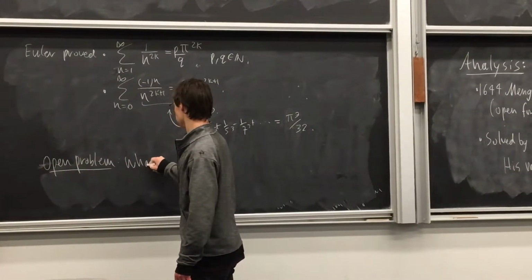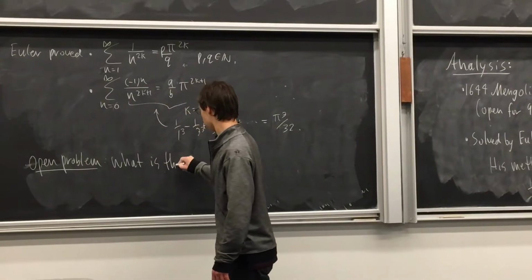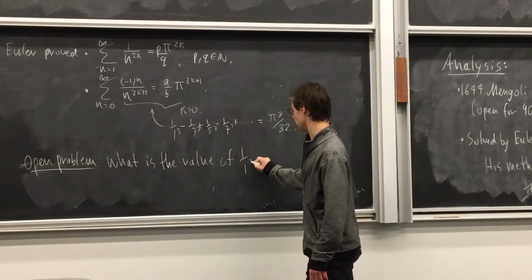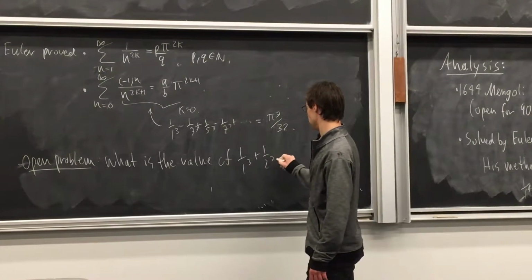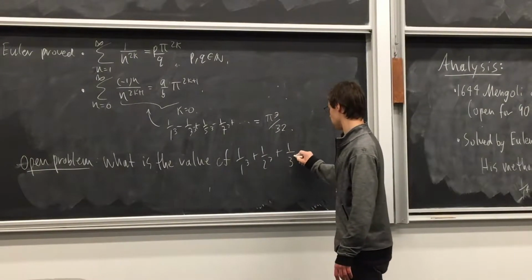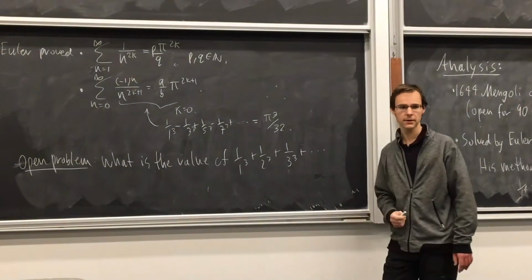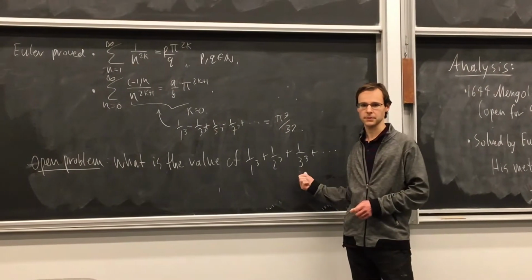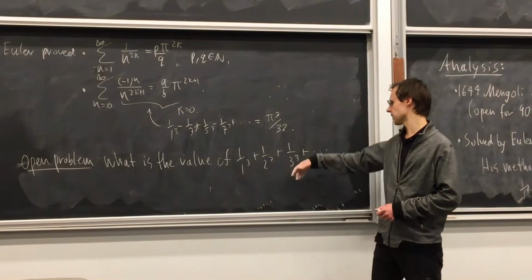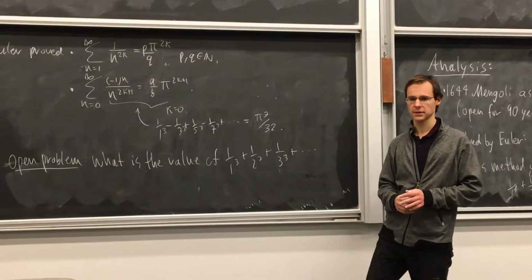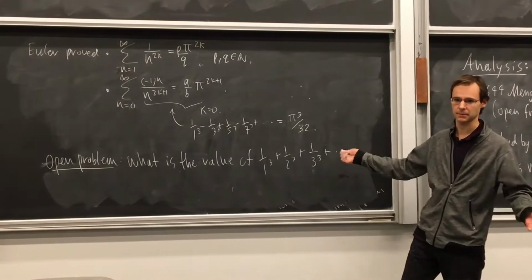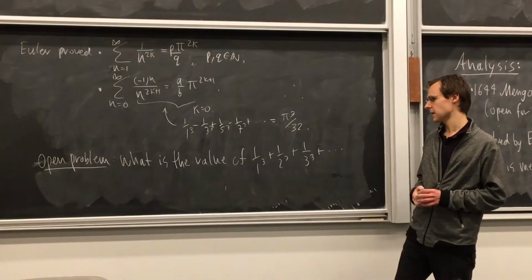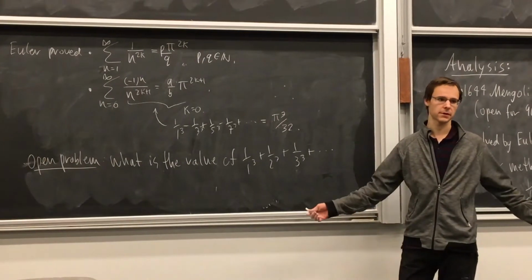Open problem. What is the value of 1 over 1 cubed plus 1 over 2 cubed plus 1 over 3 cubed, and so on? Okay? So since that time, no one was able to solve this problem. No one could find an expression for this. A natural guess would be maybe pi cubed times some fraction. But it turns out that if that's the case, then the fraction has to be very, very large.